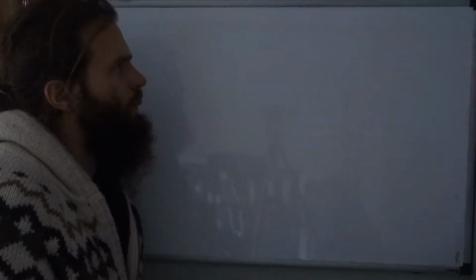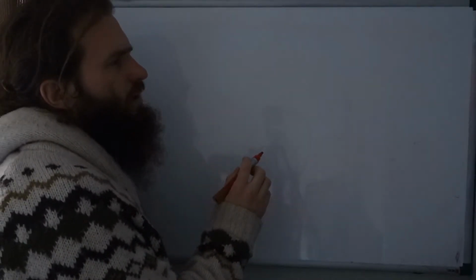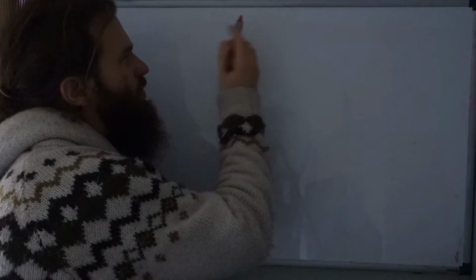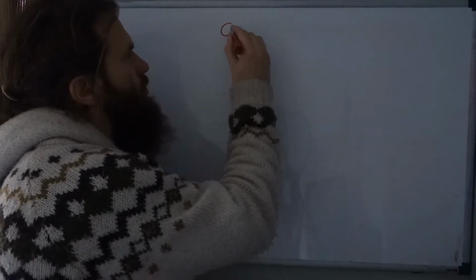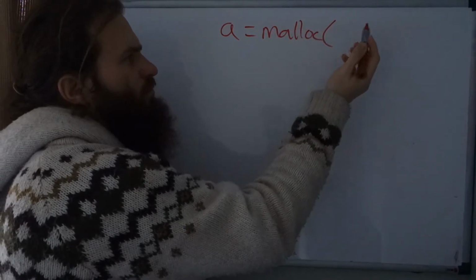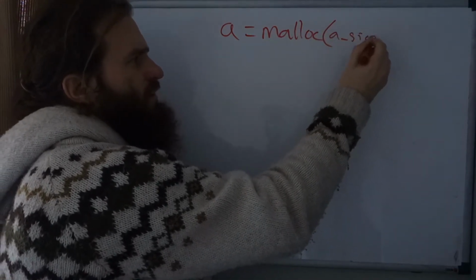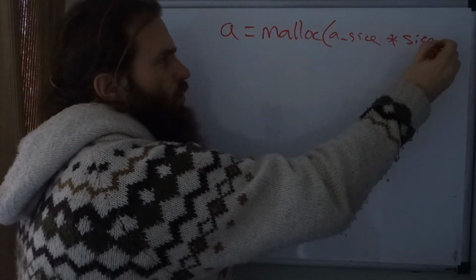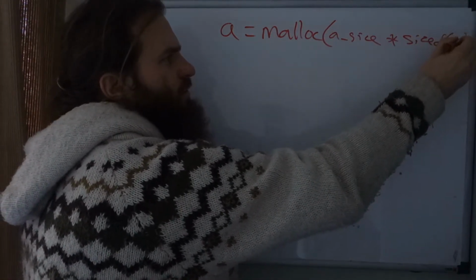Let's look at resizing. Resizing an array, because that's one of the powerful aspects of using dynamic memory allocation. So if we've allocated A, so we've done the setup, and then we call A equals malloc, whatever it is, A_size times size of int.